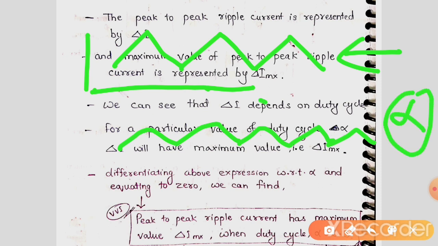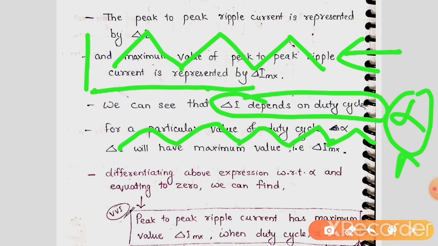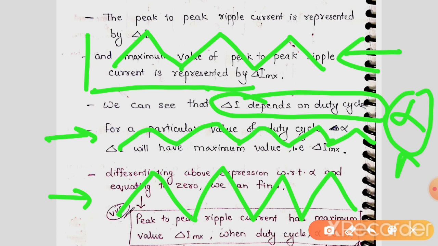We can see that this delta I or the ripple current is dependent on duty cycle. So by changing the alpha, we can reduce the ripple current, or the ripple may increase to its maximum value under certain condition. Ripple current is maximum here.